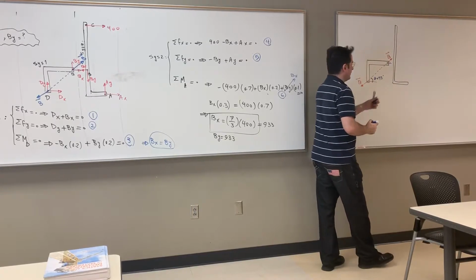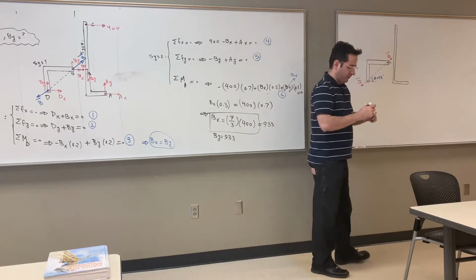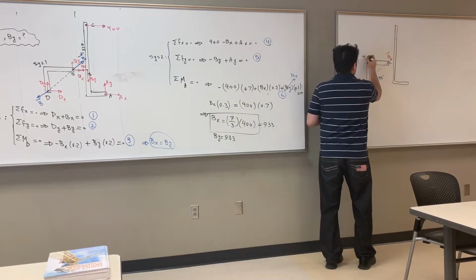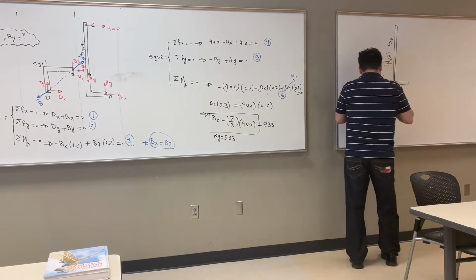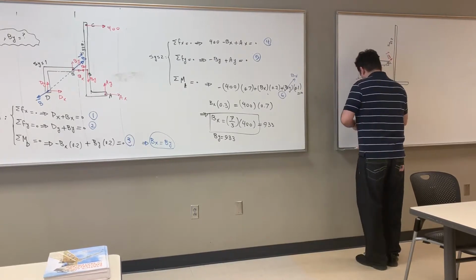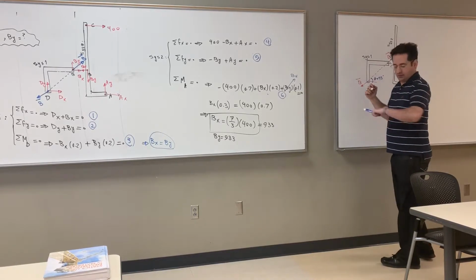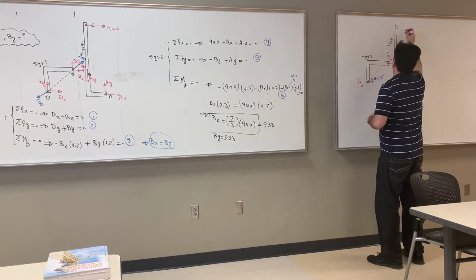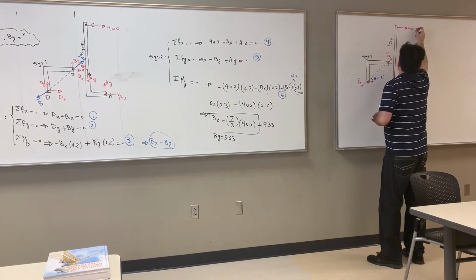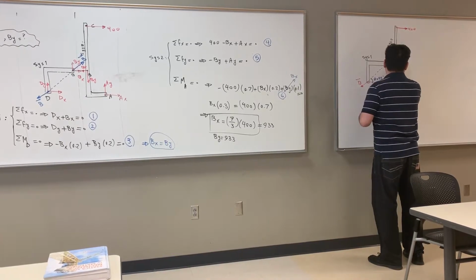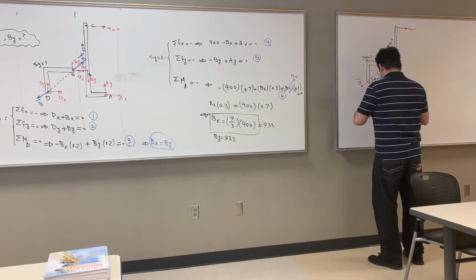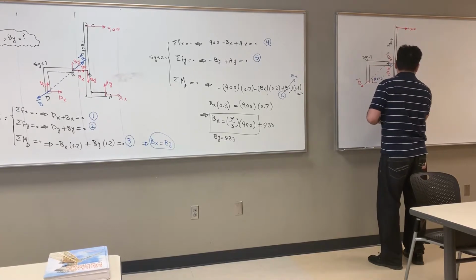Now let's go to system 2. This was system 1. Again, I'm going to have a 400 here, opposite of this, with angle 45, and then Ax and Ay.